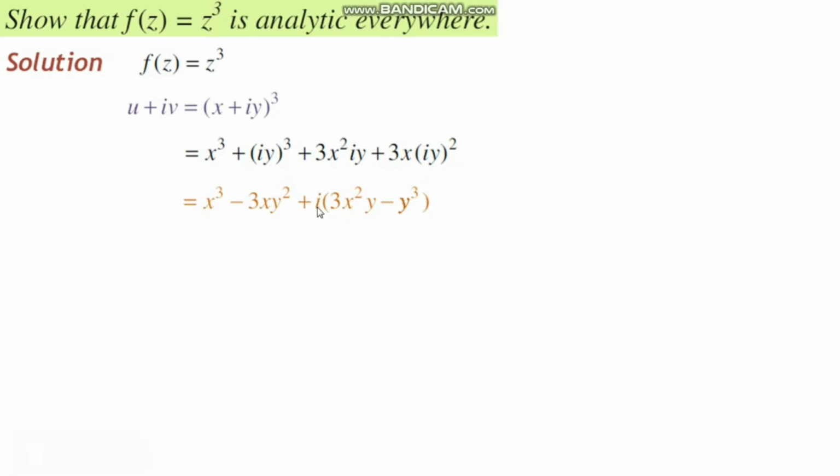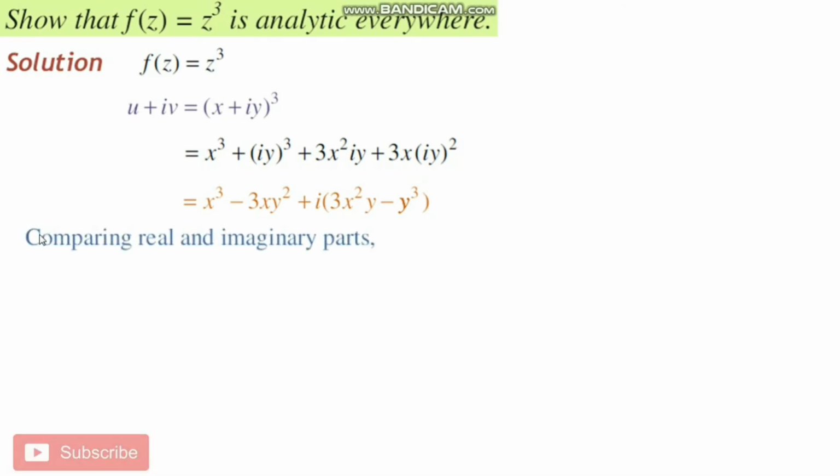When we take the common factor i from these two terms, it will be i times (3x square y - y cube). By comparison, the real part is x cube - 3xy square.